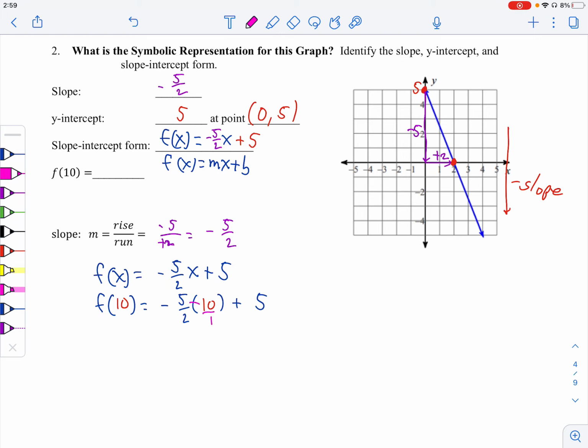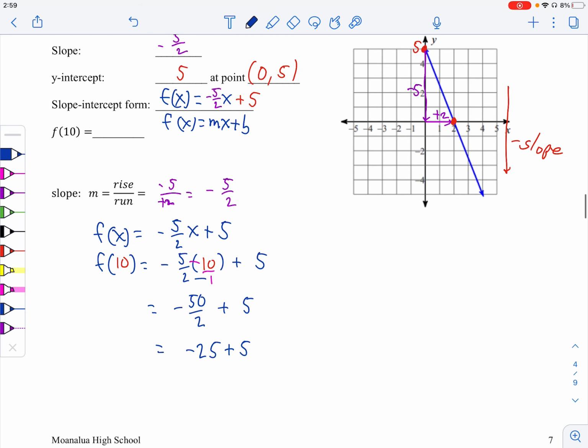So you get 5 times 10, 50. 2 times 1, 2. And it's negative, a negative in front. Negative 50 over 2, plus 5. Negative 50 divided by 2, negative 25. Plus 5, negative 20. So that is f of 10, negative 20. Gravy.